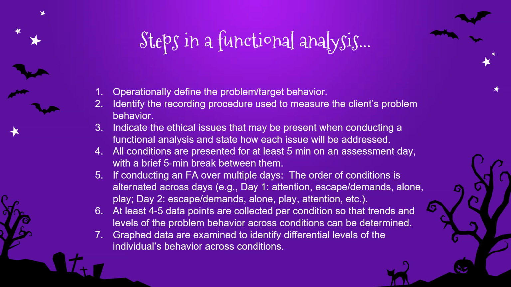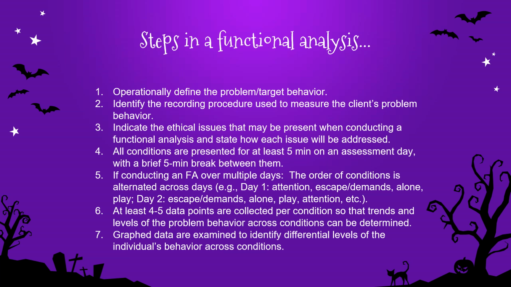You also want to indicate the ethical issues that may be present when conducting an FA, and you want to state how each issue will be addressed. This is very important, not just in the planning portion, but making sure that you're disclosing that to the families, disclosing that to the individual, depending upon their level of participation.